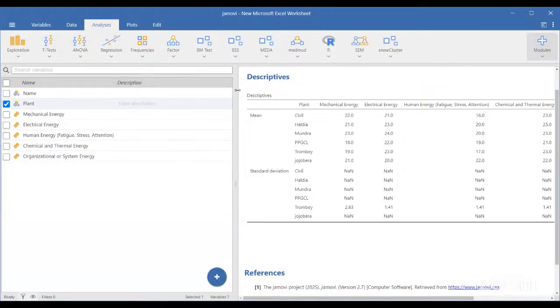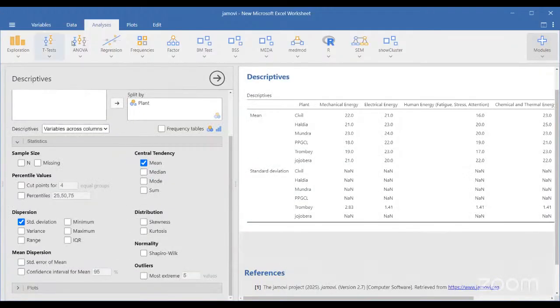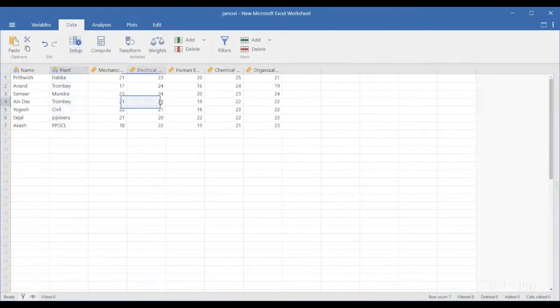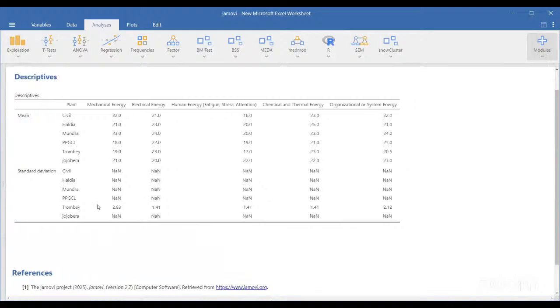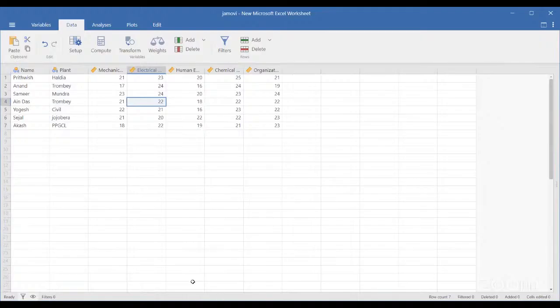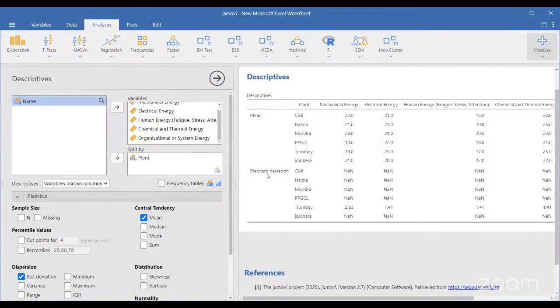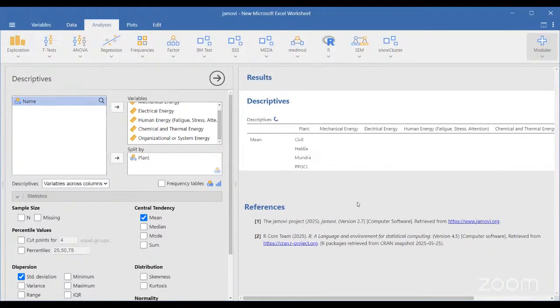Why do you not have the standard deviation? So it is there. This is a standard deviation. No, it is written NaN. Plant nominal. But standard deviation is NaN. Why? It is coming NaN only.